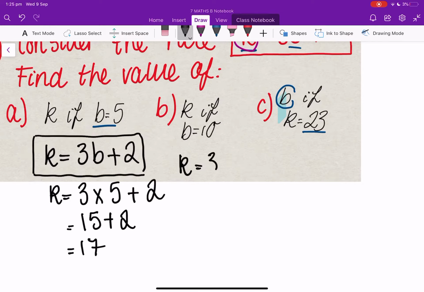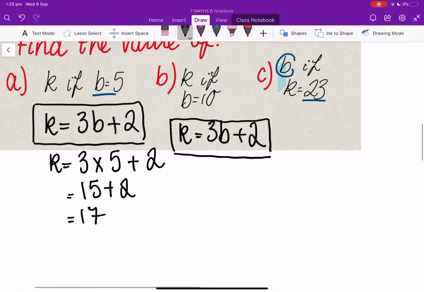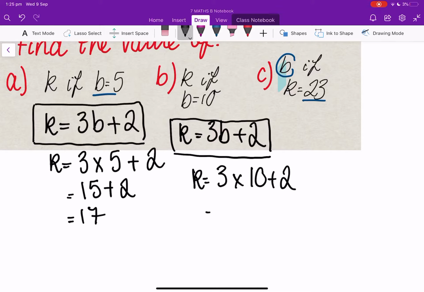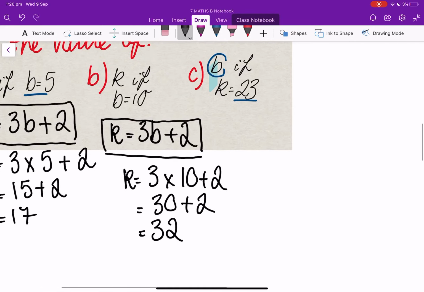K equals 3b plus 2. I'm going to draw a rectangle around it. Now this time b equals 10, so we're going to find k. So 3 times 10 plus 2. 3 times 10 is 30, then we're going to add 2. K equals 32.